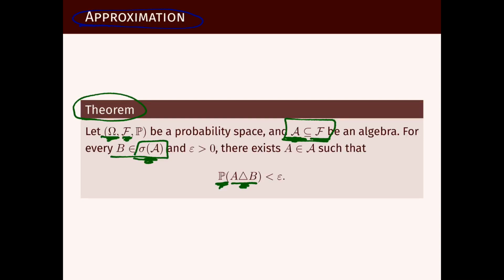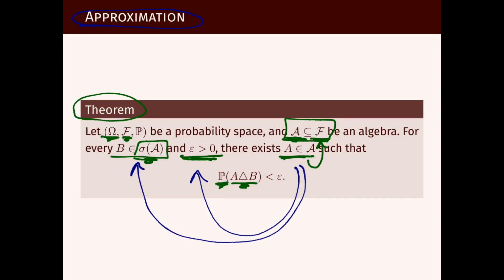Being approximated is expressed mathematically as follows: for every epsilon, no matter how small, we can always find some A in the algebra. This A will depend on epsilon and on the set B in the sigma algebra generated by this algebra that we are considering. Then there exists some A such that A is a good approximation for B, and by good, we mean it approximates up to that required level of precision.